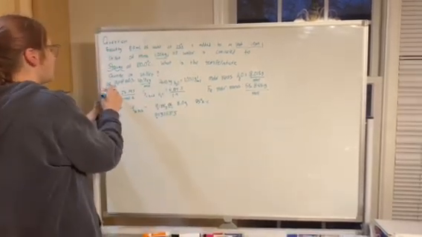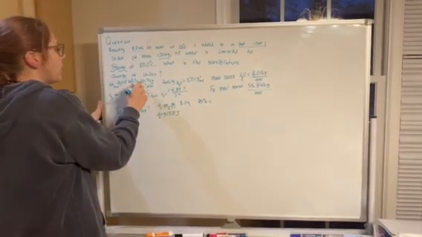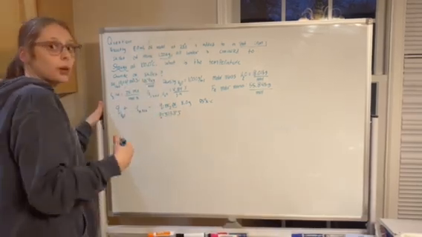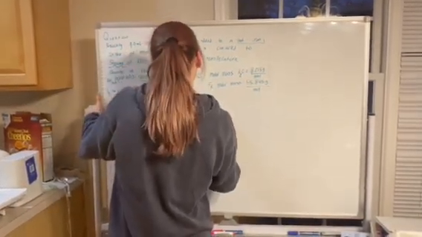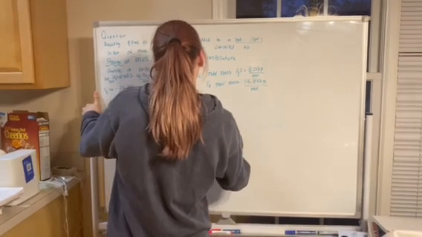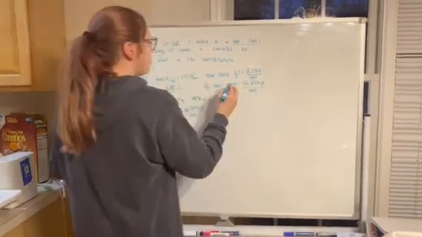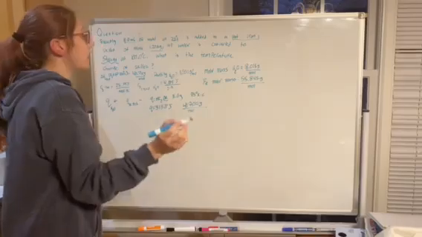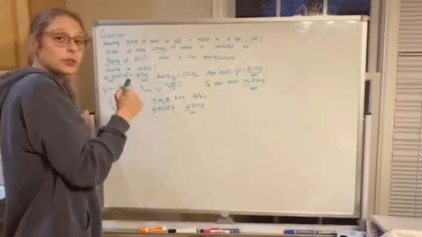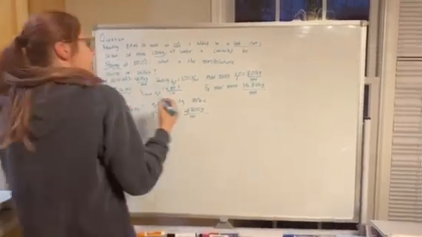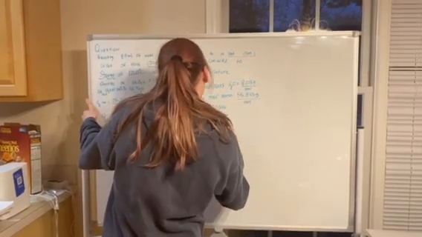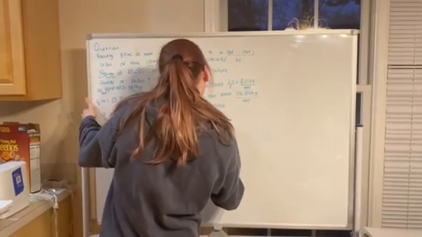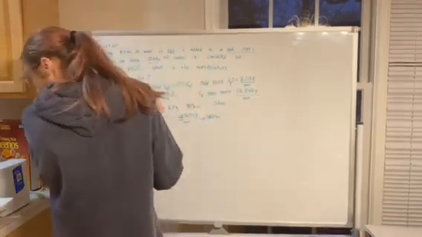And we know that delta H vap of water is 40.7 kilojoules per mole, or 40,700 joules per mole of water. And we know the molar mass of water is 18.015 grams, and we have 10 grams of water here. So our moles of water is around 0.555.